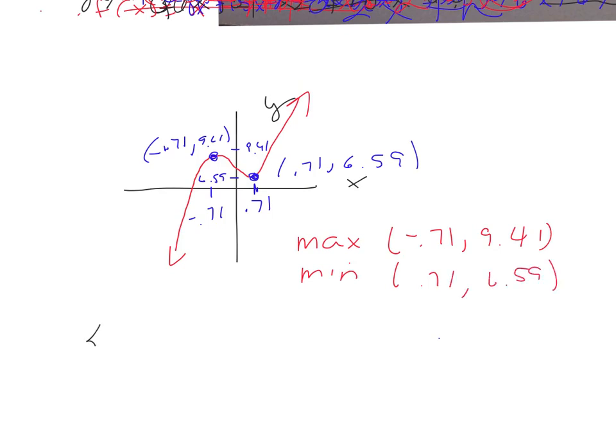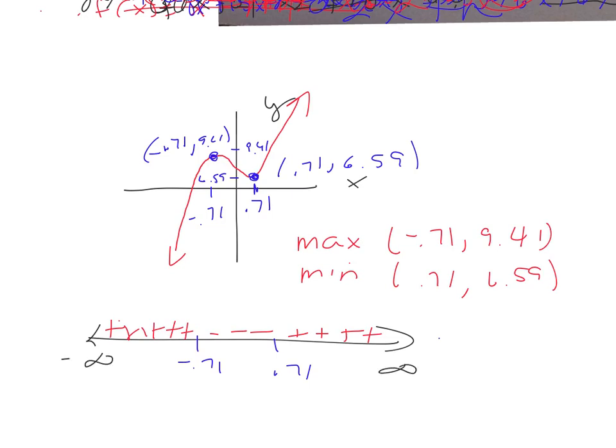Okay, so draw a number line right underneath. You're plotting the x values, which is negative 0.71 and 0.71. All right, so here I'm increasing to negative 0.71, so that's plus, plus, plus, plus, plus. And then I'm decreasing right in the middle. And then I am increasing again on the end. Okay, put infinity at the end, negative infinity.